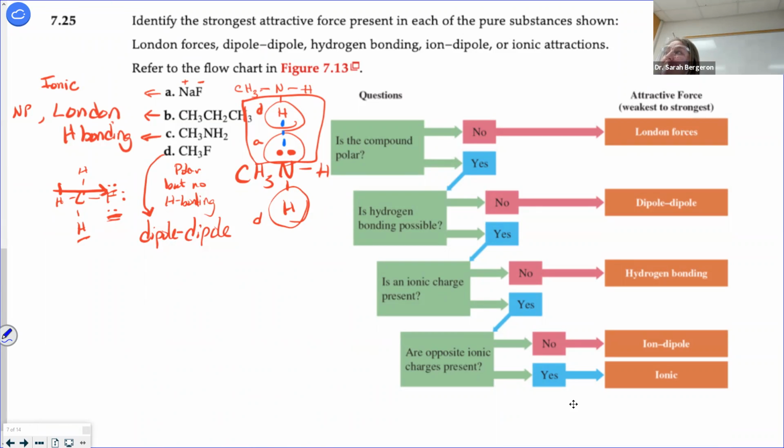Is it a bond? Well, the strongest one at the very bottom is an ionic bond. It's an attraction between a fully positive and a fully negatively charged particle, right? So like NaCl. What is NaCl?